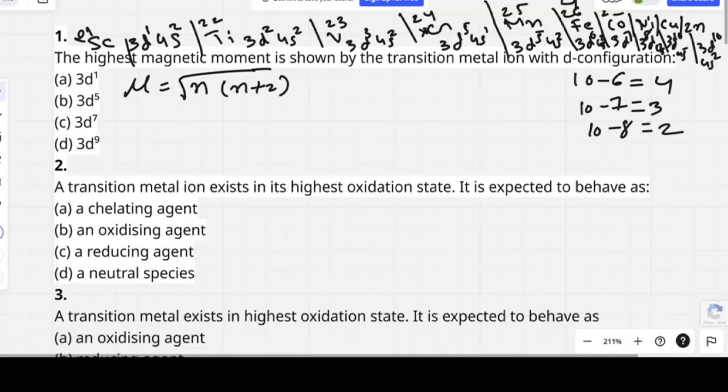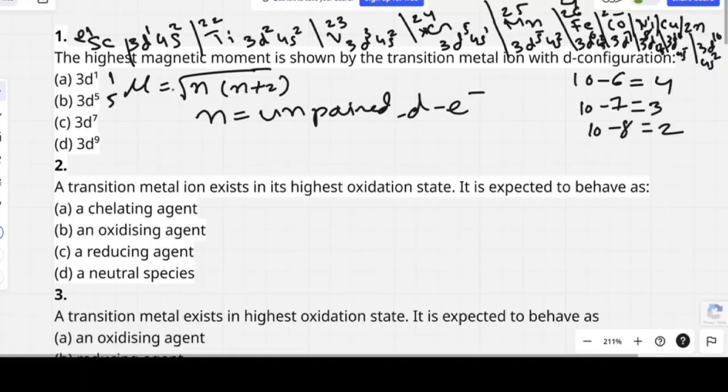To solve this type of question, first you have to calculate n, the number of unpaired d electrons. For 3d1, the number of unpaired electrons is only 1. For d5, it is 5.